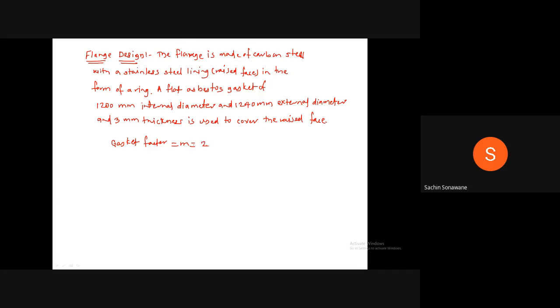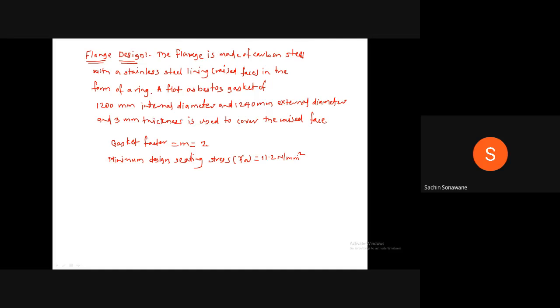Minimum design seating stress, Ya, is equal to 11.2 Newton per mm square.